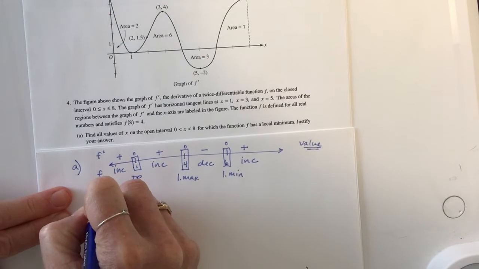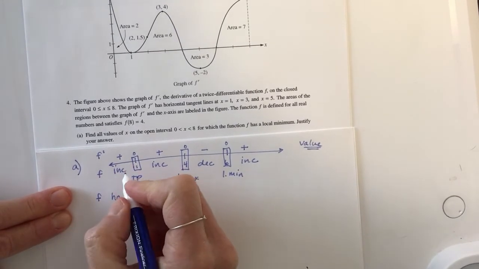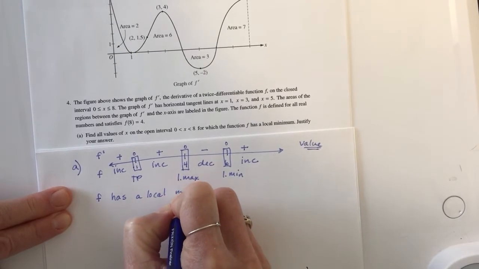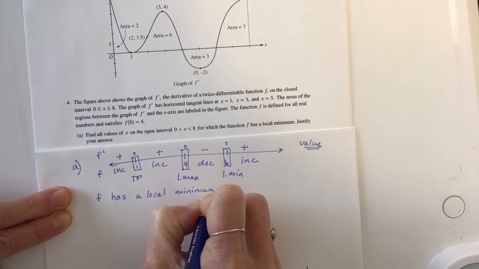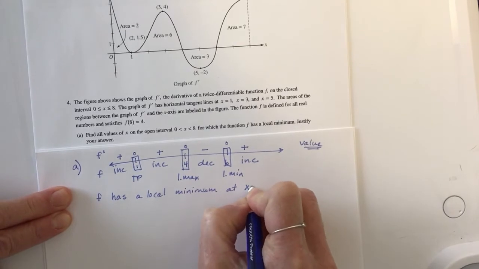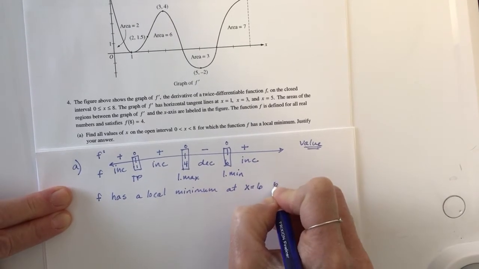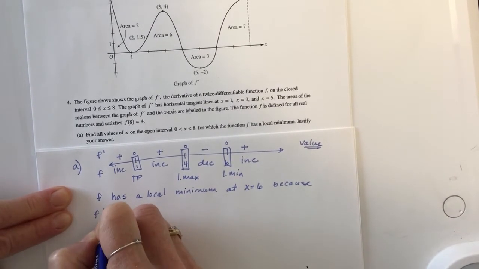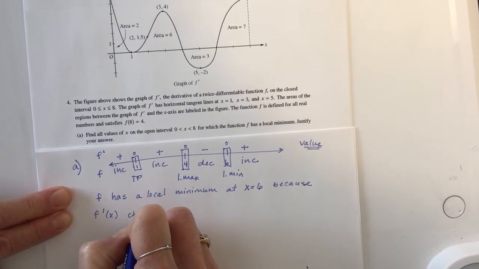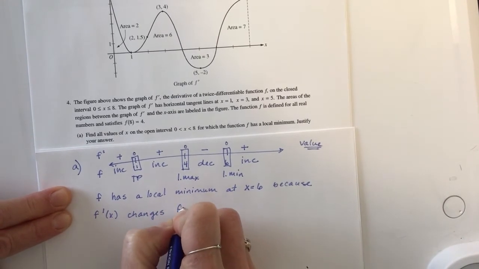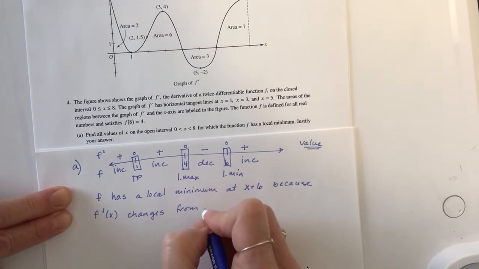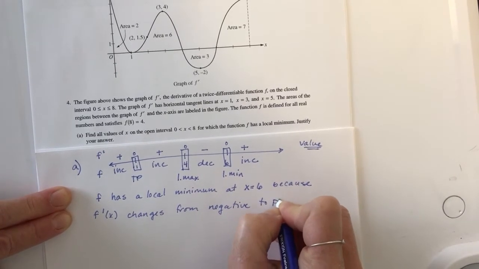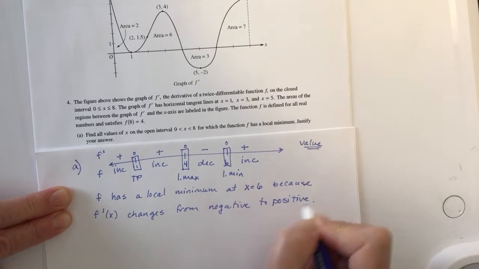So we would say f has a local minimum at x equals 6 because f prime of x changes from negative to positive.